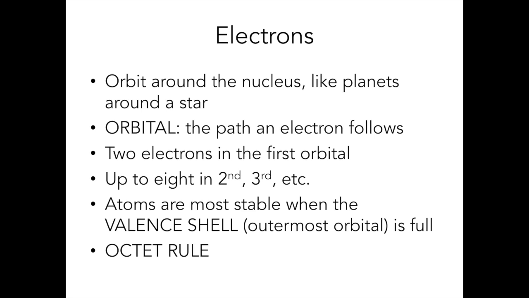We want them to be happy, so to speak. And they are happiest, I'm putting happy in air quotes because atoms, as far as we know, don't have feelings, but they are happiest when they have that outermost orbital full of electrons. And so bonding is what happens between atoms in order to make sure that that is the case.